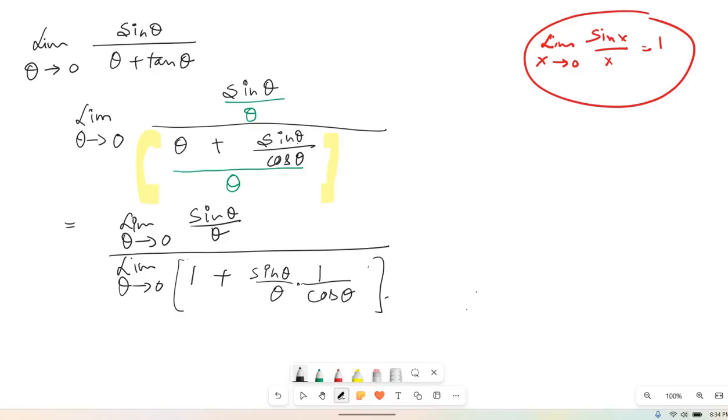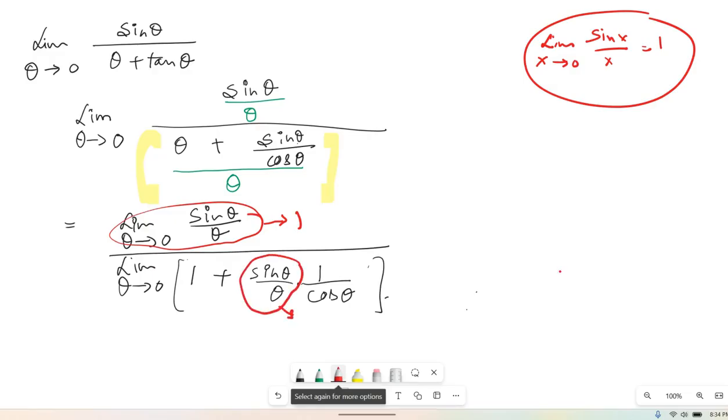Okay. Now see, when theta approaches 0, this limit should approach 1. This thing should also approach 1. What about cosine 0? Cosine 0 is just 1, right? So that should work out.